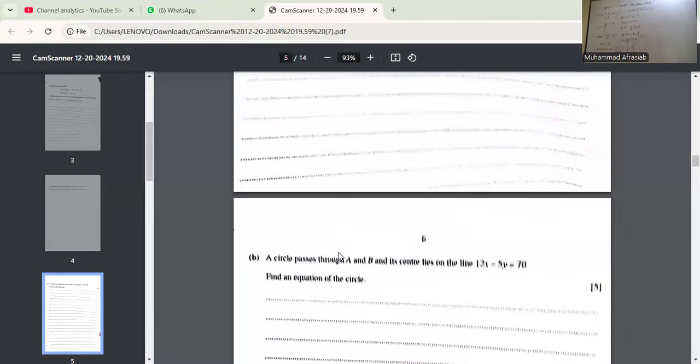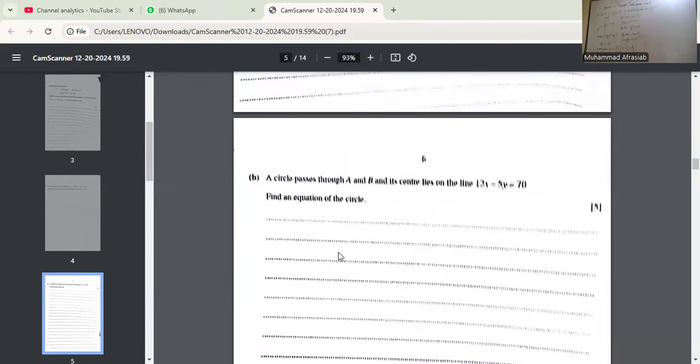The B part. A circle is passing through the points A and B, and the center lies on this line, 12x minus 5y is equal to 70.